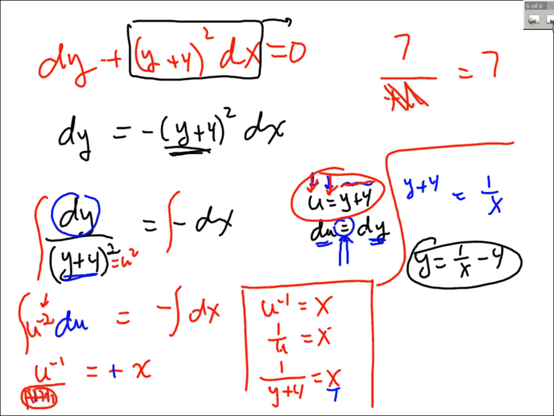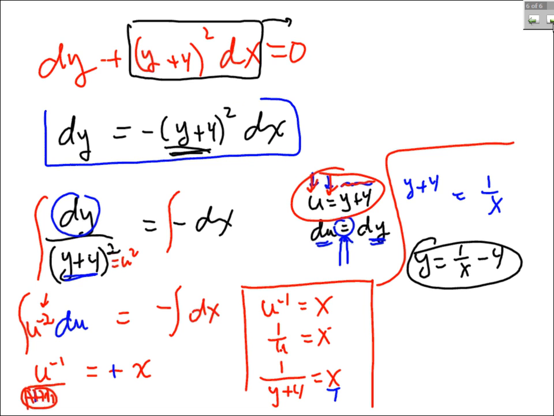Now, what is the correct answer? What do you mean when you say get back the correct answer? Well, let's look at this equation. If I move this dx into the bottom, that's the correct answer. That is, the derivative should equal this, negative y plus 4 squared.